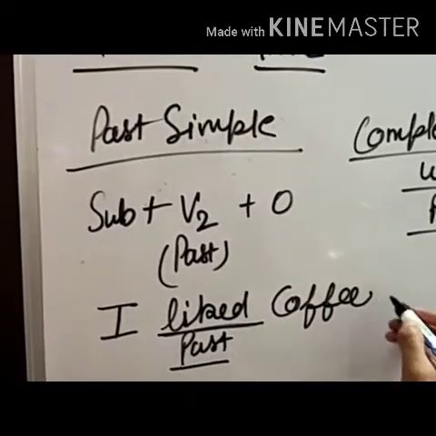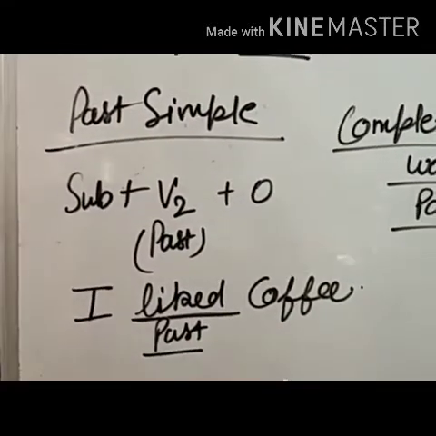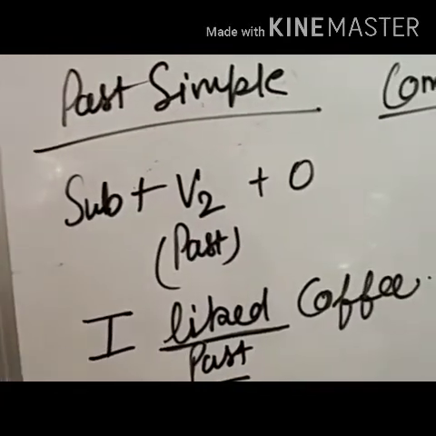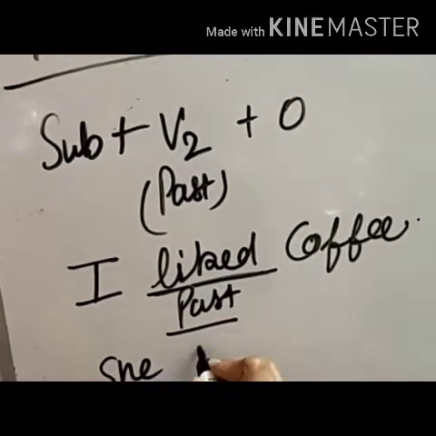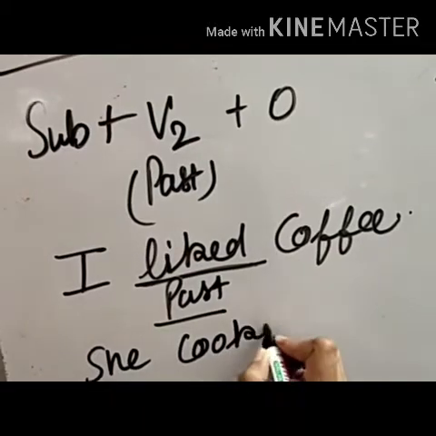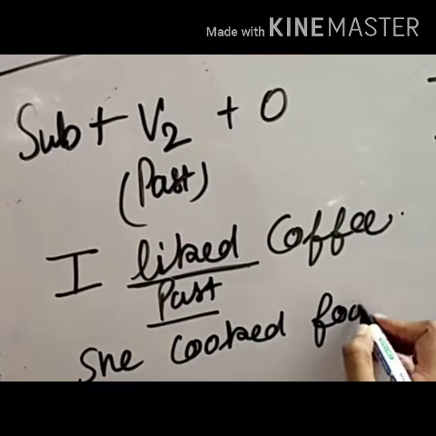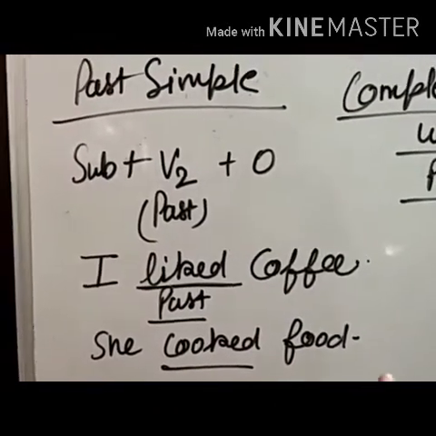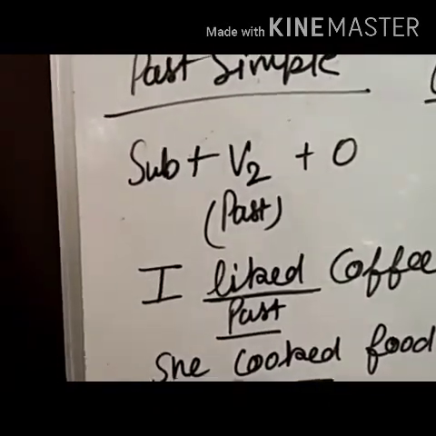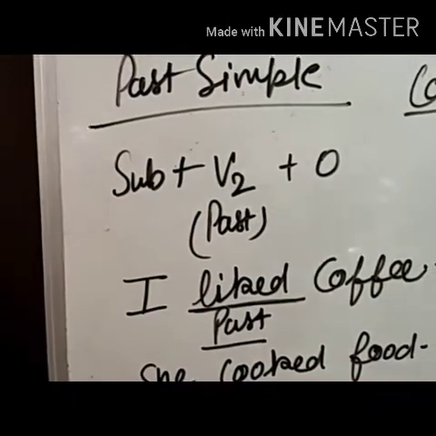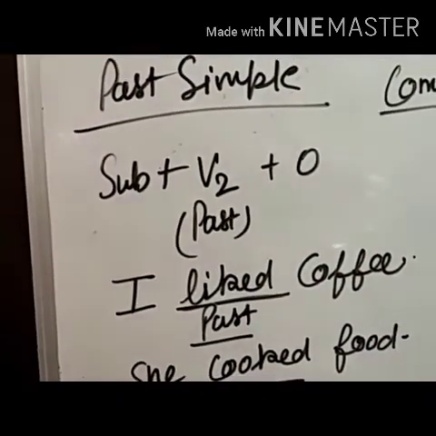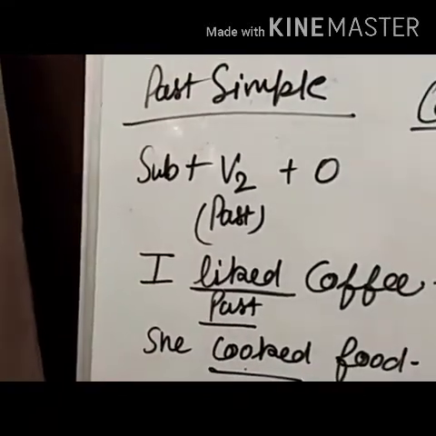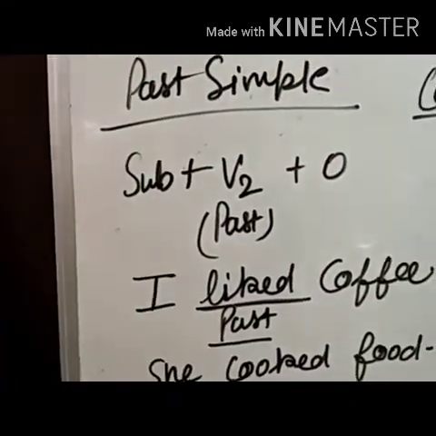It means I don't like coffee anymore. Any other example? She cooked food. It means the work of cooking food is finished. She cooked food. So we have to use the verb according to the time also.